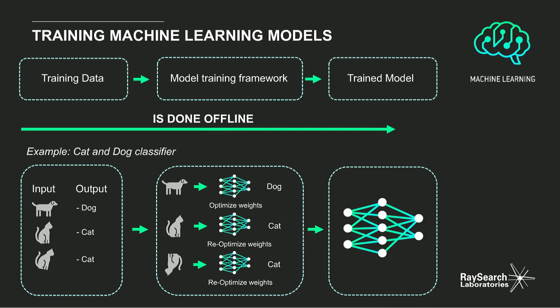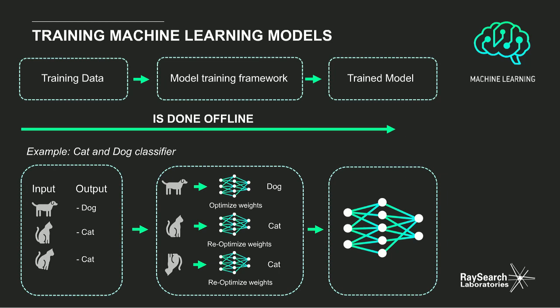Then we train this machine learning model. We feed the dog image into the model, and the model is optimized to classify this image with the correct output, dog. Then we do this with the cat, and we can also augment the data. We can, for example, rotate the image, as we see here, and train the network to classify cat.